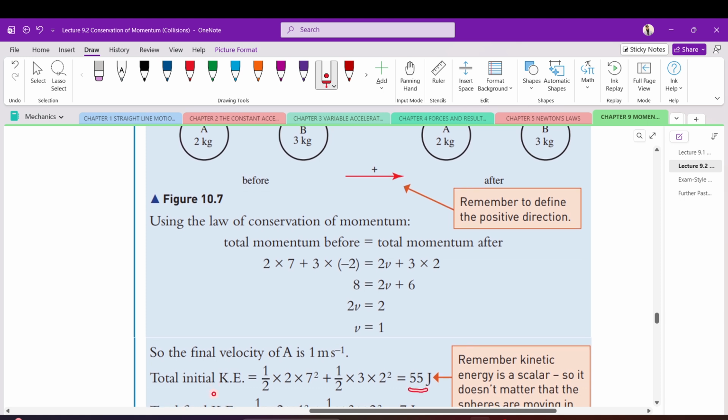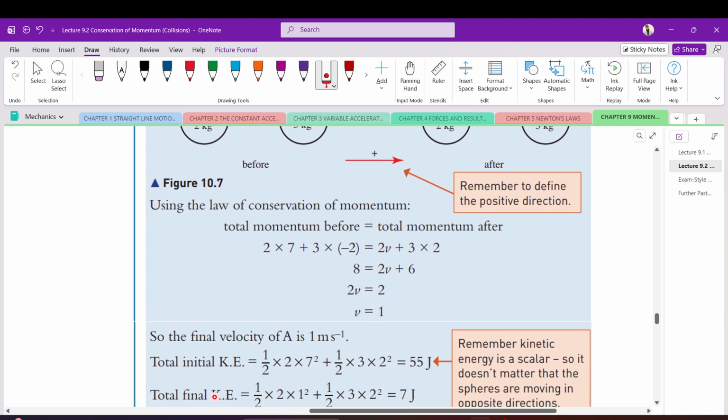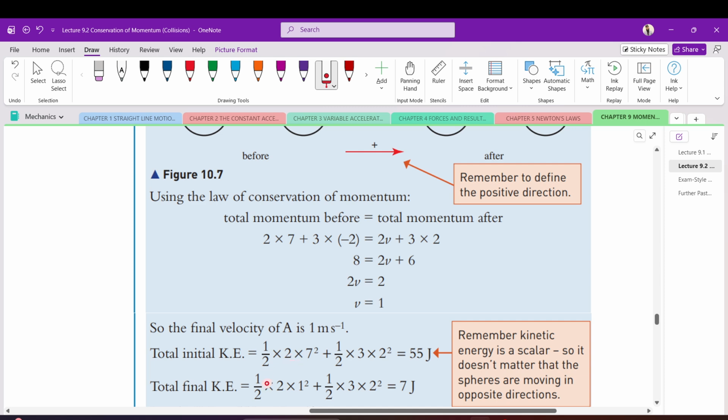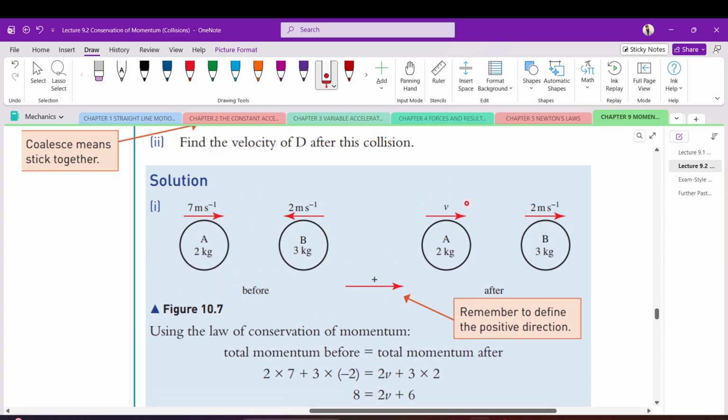Then the total final kinetic energy will be less. So that will be half times 2 into 1 squared plus half times 3 times 2 squared, which equals 7. So the final kinetic energy of A is this, plus the final kinetic energy of B will be worked out from this.